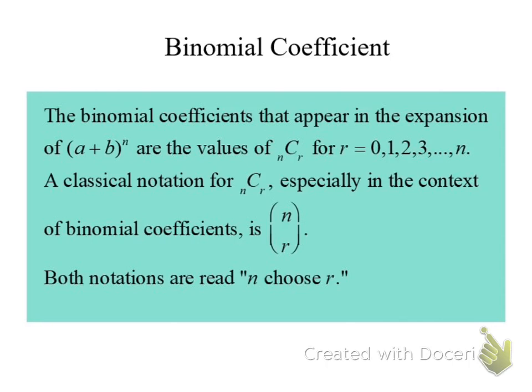So if my power is n and your term number starts with 0, so from the last one, when I had 5, so if I had 5 choose 2, that's going to tell me essentially what the third term is because 0 counts as the first option. Okay, and so that'll give me information to fill in and make some of these go a little bit faster. Or you can use the binomial theorem.